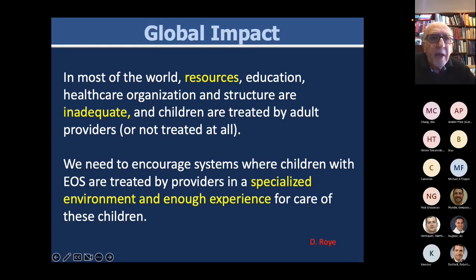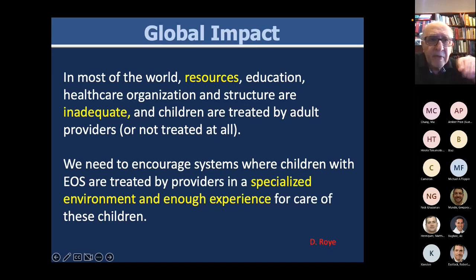And we always have to be mindful of global impact. In most of the world, resources, education, healthcare, and so on is inadequate. This is also true in the United States, but we need to encourage systems where children with EOS are treated by providers in specialized environment and with enough experience.